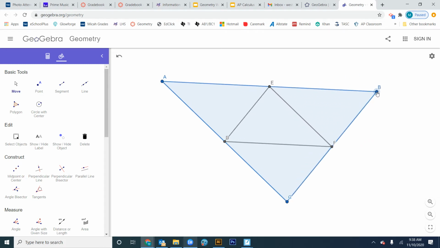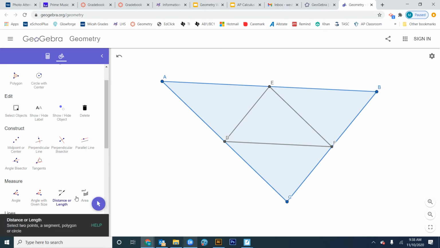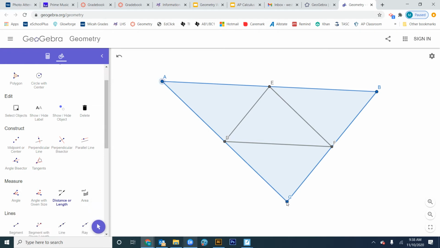Interesting properties happen here. Let's see if we can measure. Yep, measure distance or length. So I'm going to measure the length of AC. Right now it's 12.1. What do you notice between the length of AC and EF?